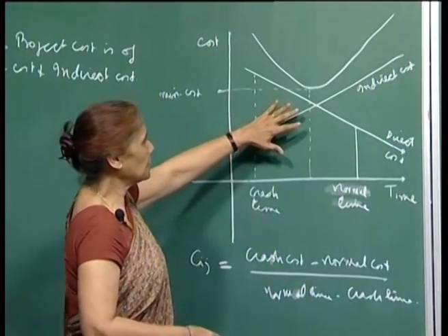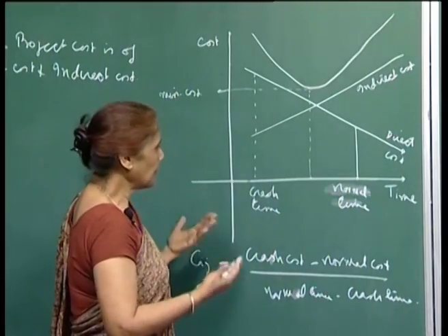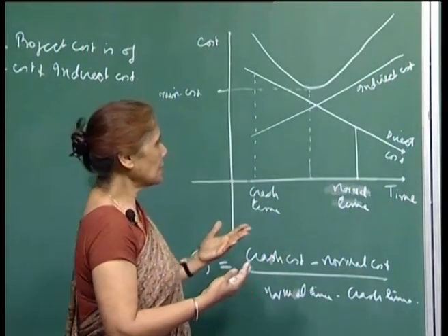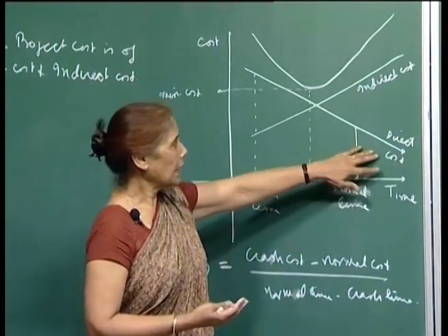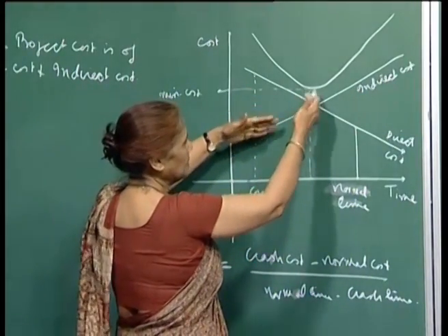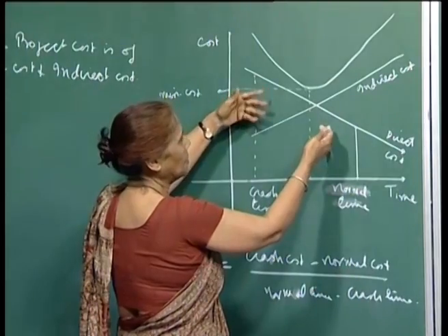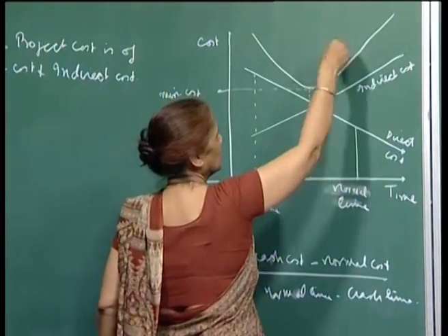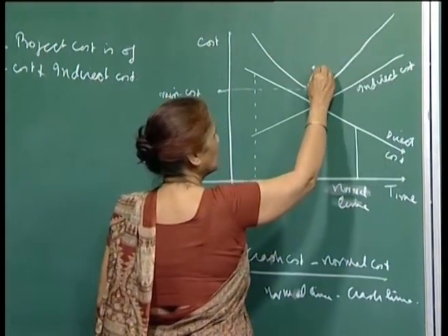So, you have to come up with the duration of the project which is the best trade off between direct cost and the indirect cost, right. So, this is a very simple presentation of the cost, and then you see your total cost. So, this is your total cost curve, right.